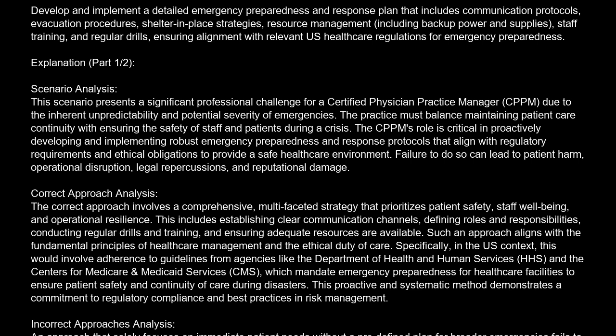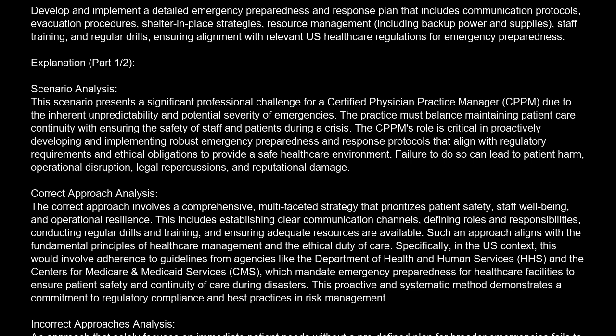Correct approach analysis. The correct approach involves a comprehensive, multifaceted strategy that prioritizes patient safety, staff well-being, and operational resilience. This includes establishing clear communication channels, defining roles and responsibilities, conducting regular drills and training, and ensuring adequate resources are available. Such an approach aligns with the fundamental principles of healthcare management and the ethical duty of care.